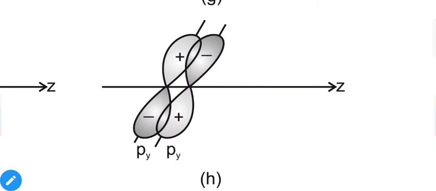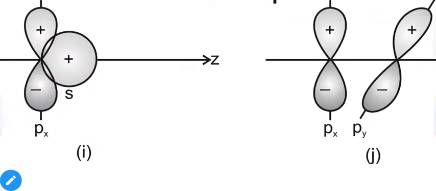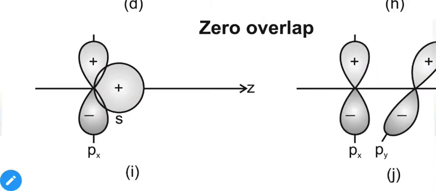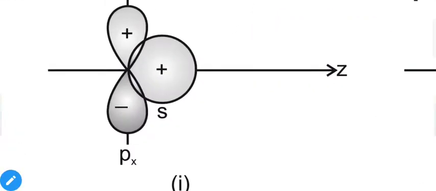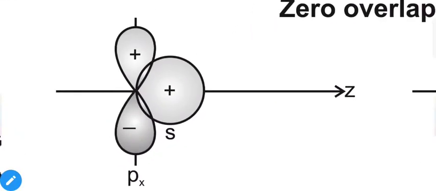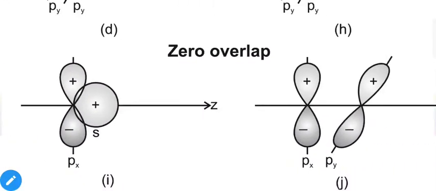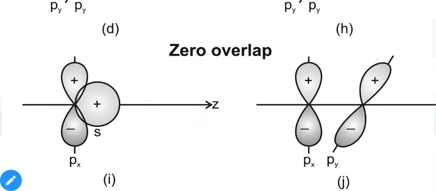Similarly py can form this type of negative overlap as well. Then we have zero overlap when both possibilities are equal, positive overlapping as well as negative overlapping. Overall they cancel out, the effect is zero and no bond formation occurs.